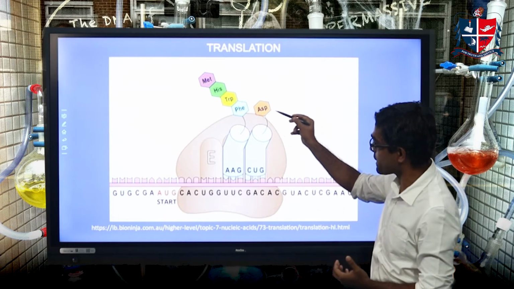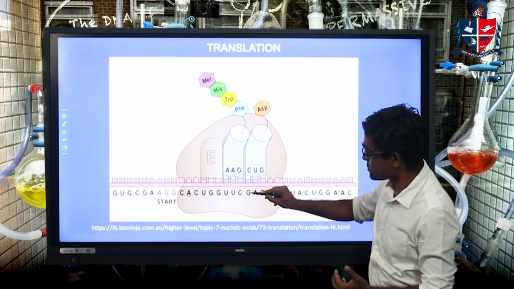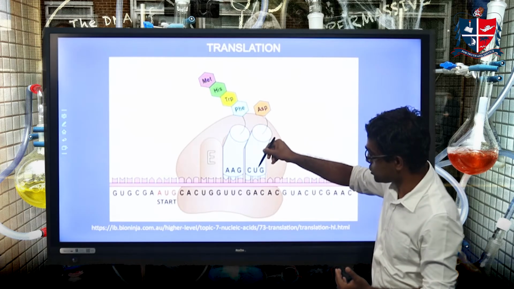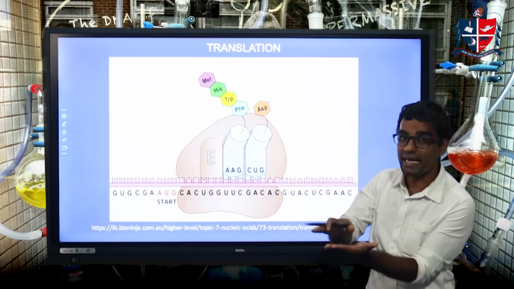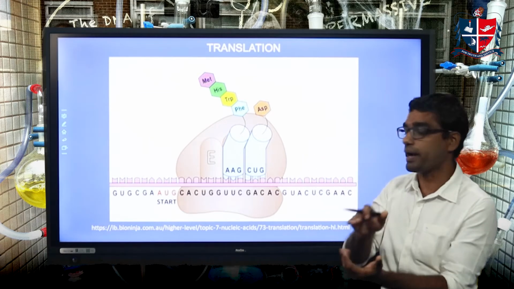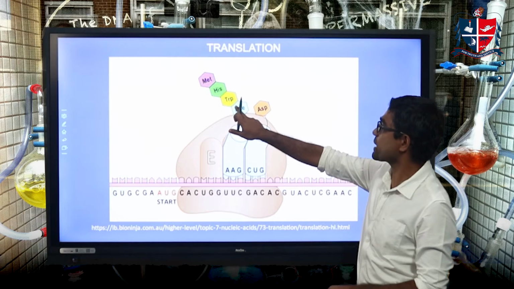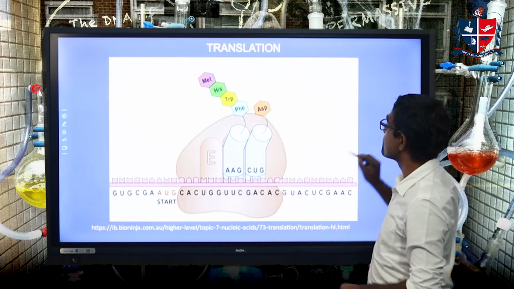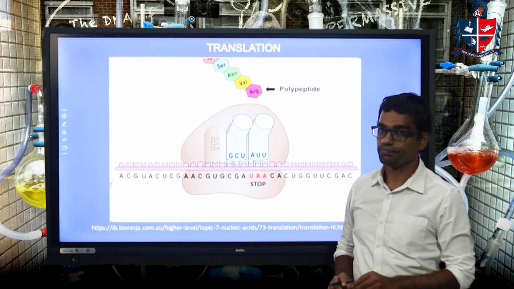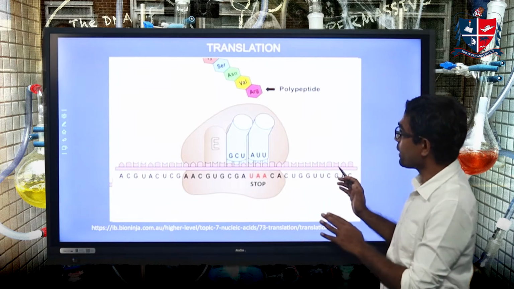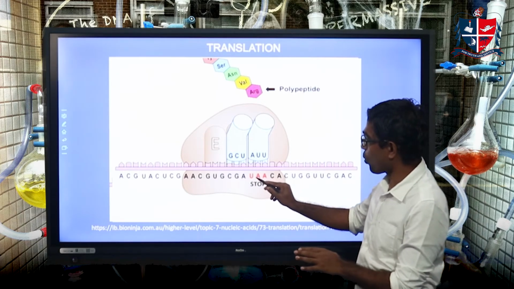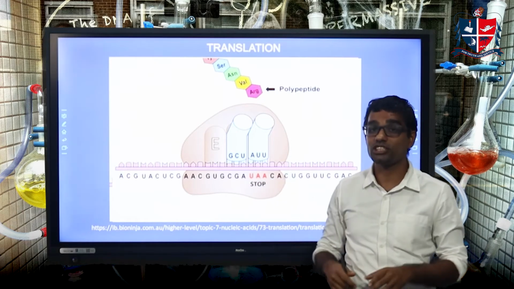For example, here ASP is coming, GAC, and opposed to that CUG will be coming, and that aminoacyl tRNA will be binding to this site. So ASP is inside the ribosome, and this peptide is transferred to this place. And then finally a codon UAA, that is known as a stop codon.